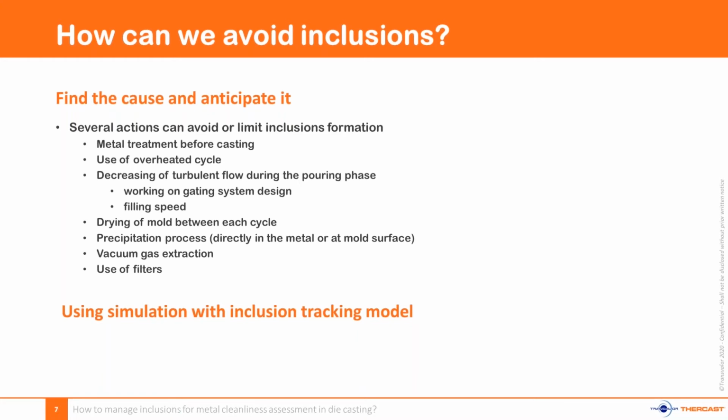However, this is not always possible, and it could be quite interesting to have access to a simulation software with an inclusion tracking model that helps you to understand, and so modify and optimize the casting system in order to limit inclusion occurrence. And that's why we have developed such a model in THERCAST.